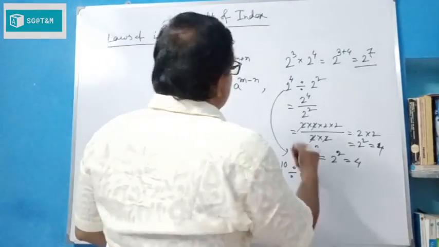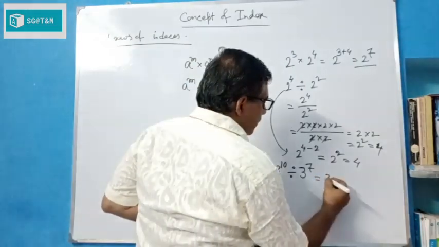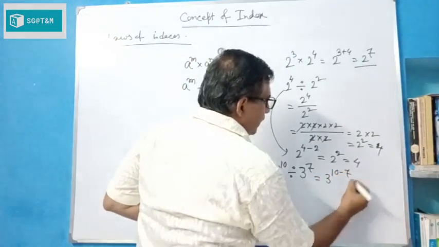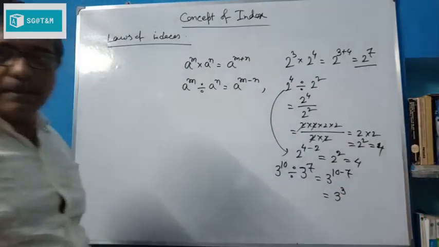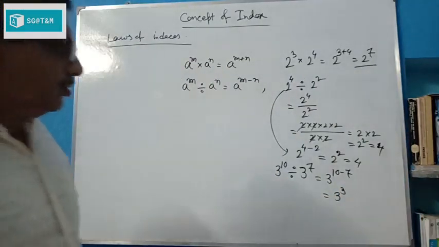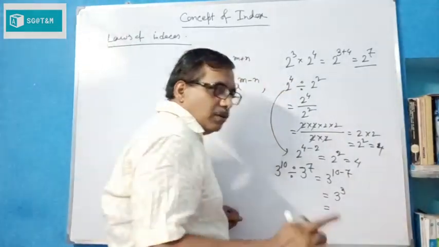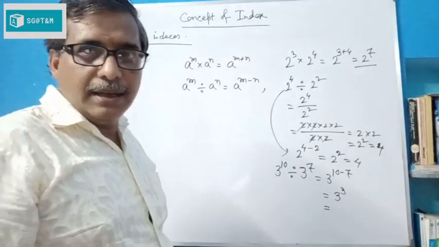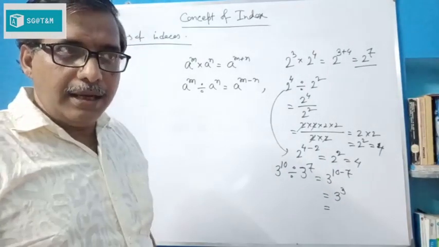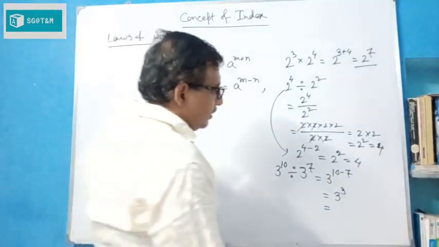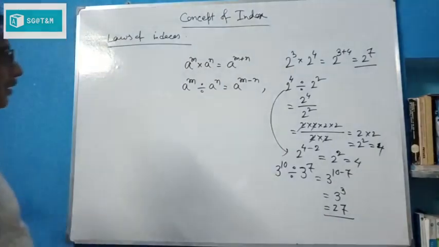Now, using the formula, we write 3 to the power 10 minus 7, that is 3 to the power 3. So 3 cube is 3 into 3 into 3, which is 27. 3 into 3 is 9, 9 into 3 is 27. So it will be 27. Clear?